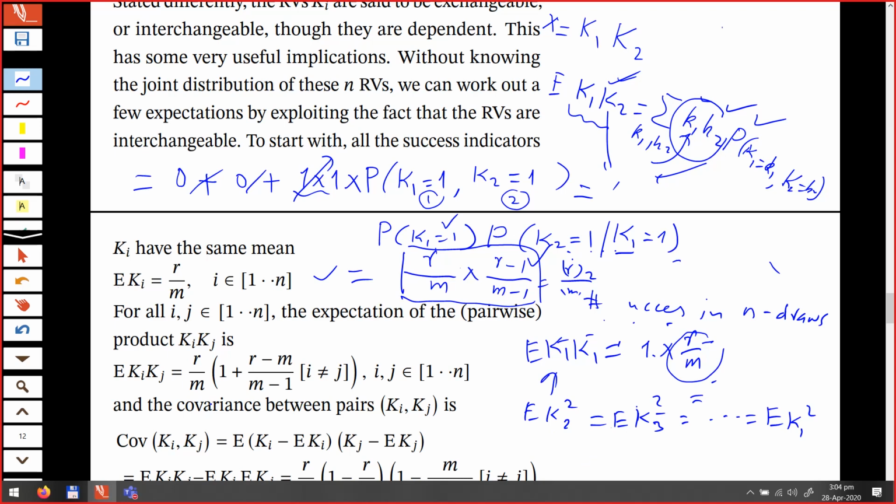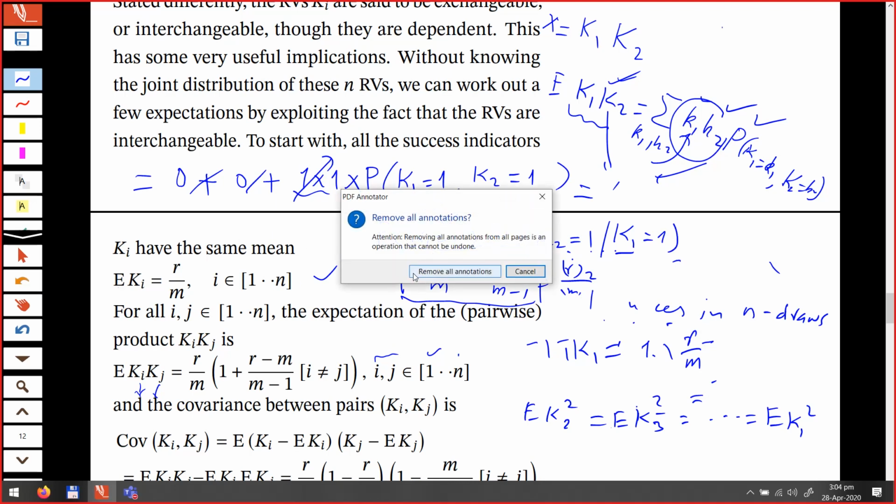Why is this important? I want to write an expression for expectation of ki times kj. Now ki times kj doesn't mean that I and j will always be different. They will sometimes be different because I and j can take any value from 1 up to n. Let me show you something and you will know what I mean.